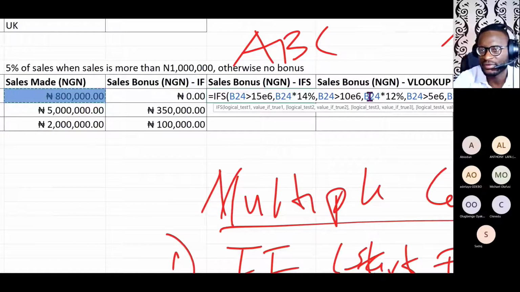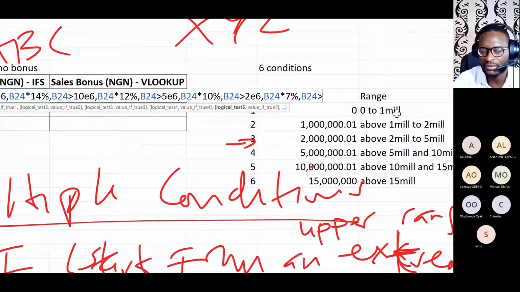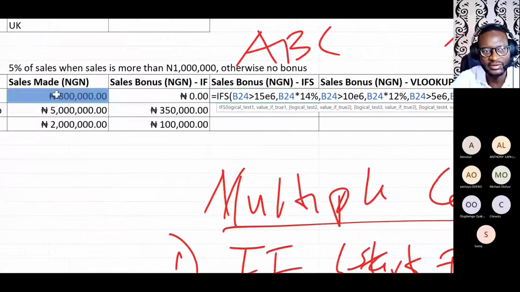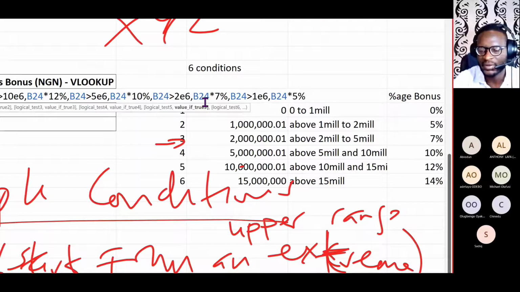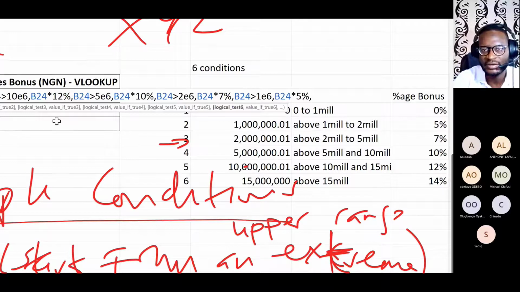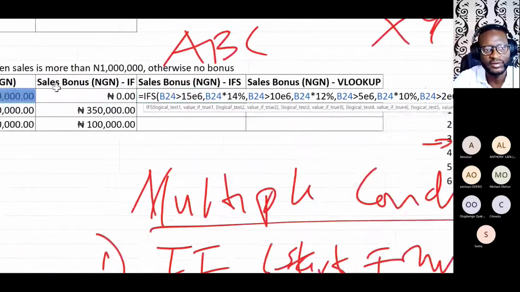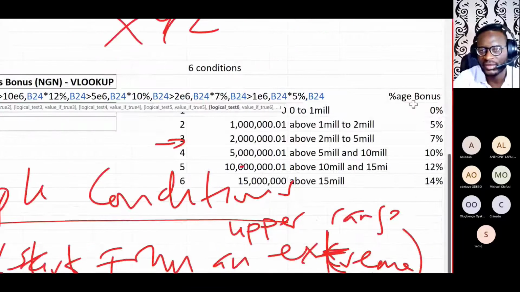What he has done, is it greater than 1 million? If it is greater than 1 million, take what he has done, multiply it by 5%, right? Then condition 6, what he has done, is it less than or equal to 1 million?